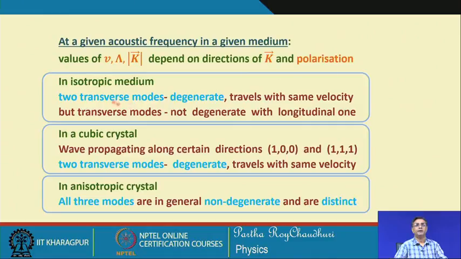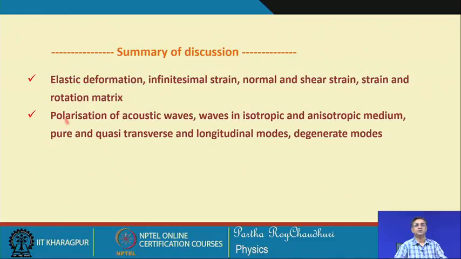So, by this discussion we tried to understand the basic elastic deformation, the mechanical deformation properties, in terms of the infinitesimal strain, which again consists of normal strain and shear strain.